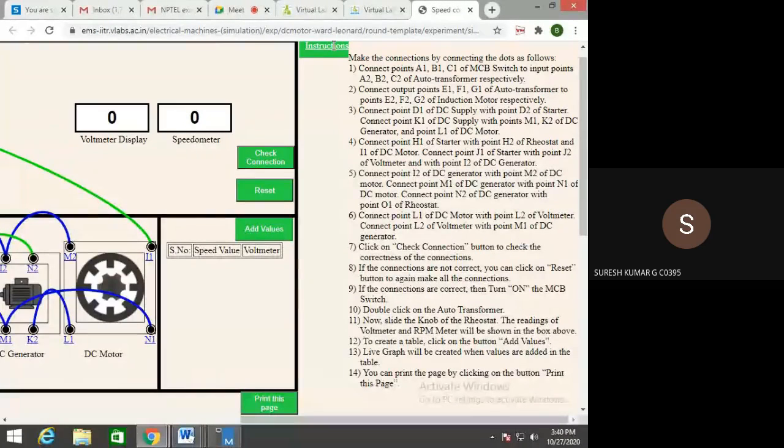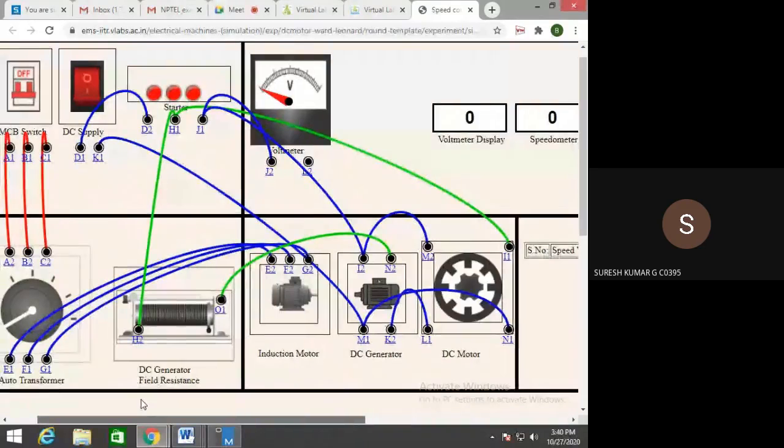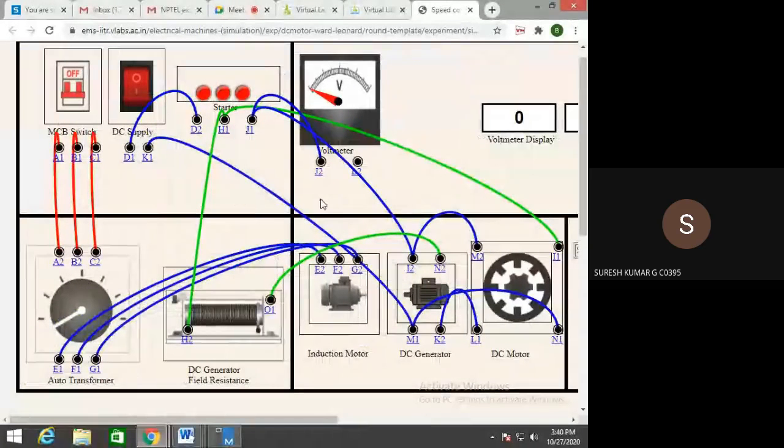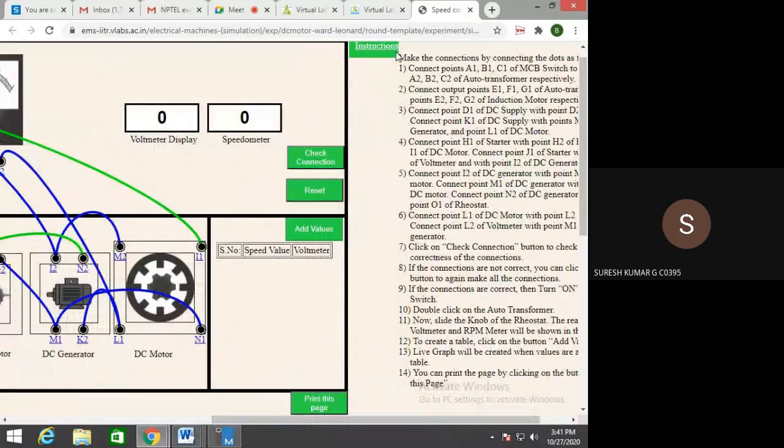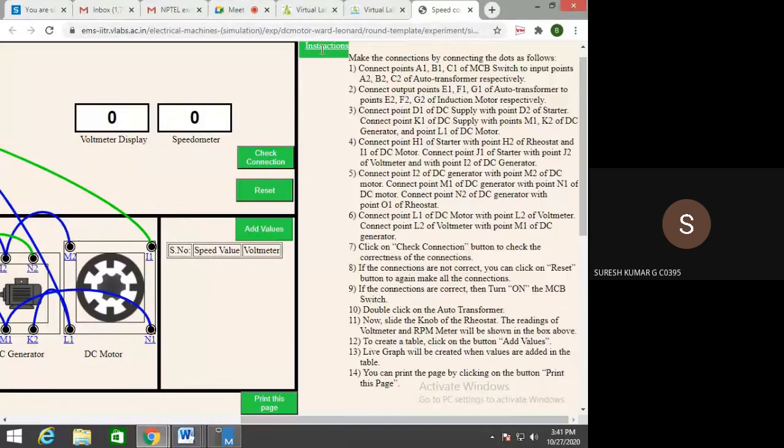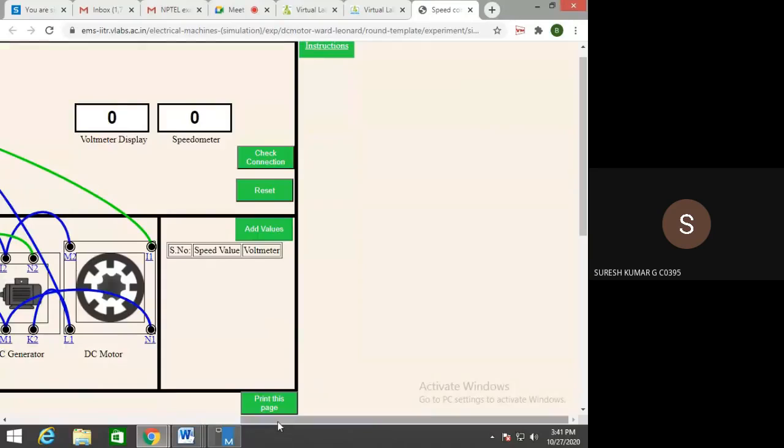L1 of the DC motor with L2 of the voltmeter. L2 of the voltmeter with point M1. L2 to M1.